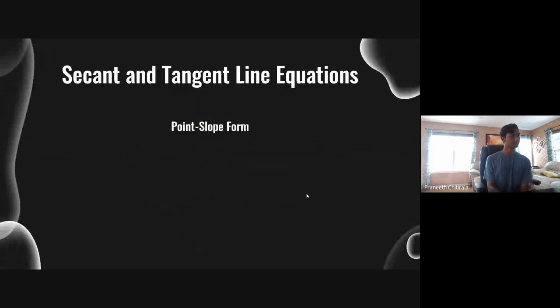So let's look at secant and tangent line equations. How would you represent the secant line and tangent lines in terms of the function f of x? We're mainly going to use point slope form for this.